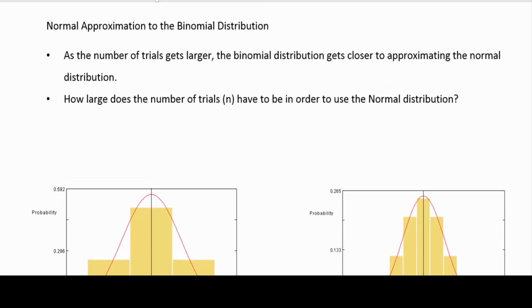And so we're going to talk about can we use the normal distribution, and why might we use the normal distribution to approximate the binomial distribution. One of the things you'll notice as the number of trials increases, our overall distribution of successes is going to start looking more and more like the normal distribution.